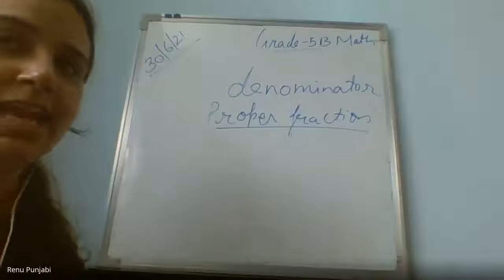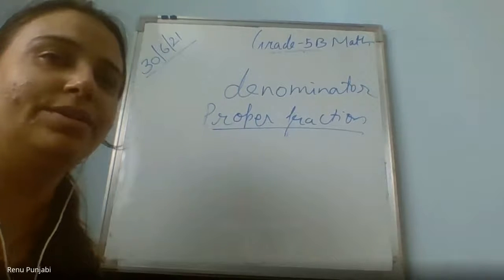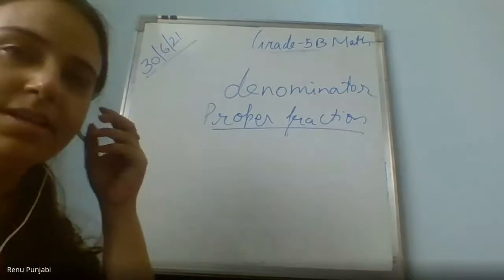It is a rule in maths that the denominator cannot be lower than the numerator, because the denominator is always the total of the parts. Very good. So the proper fractions are the fractions in which the denominator is higher than the numerator. Very good.